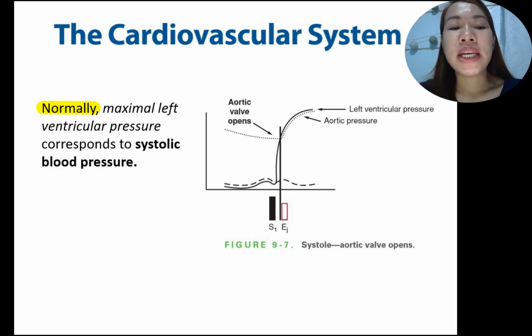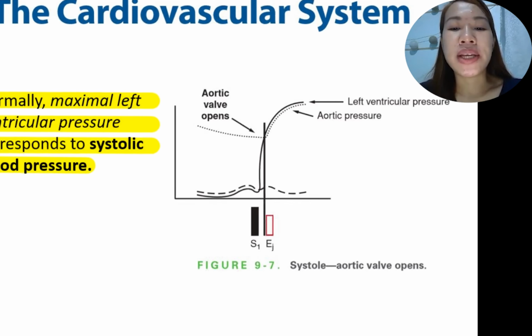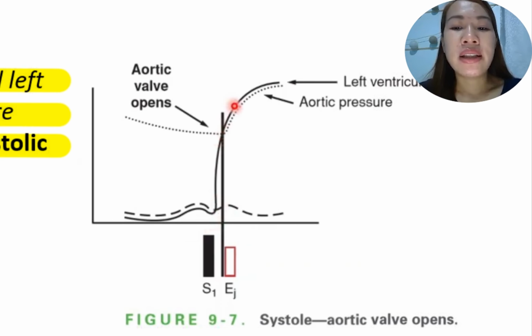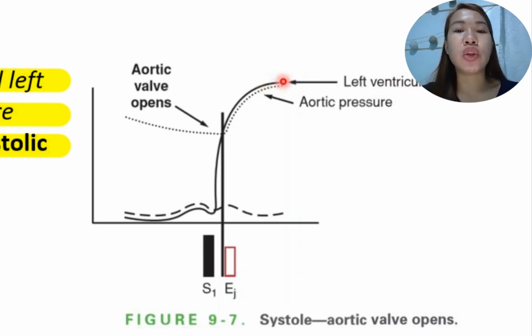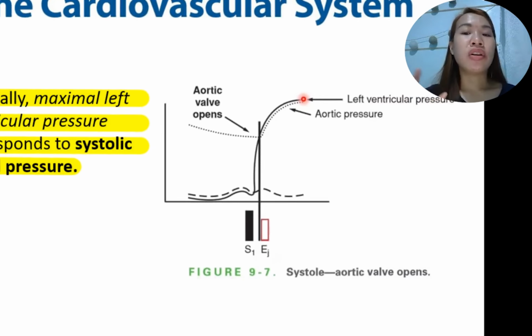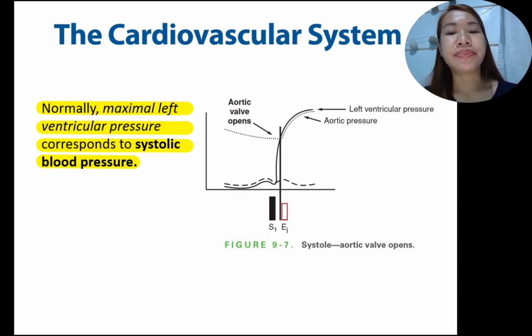Now, normally, the maximal left ventricular pressure corresponds to the systolic blood pressure. So we can see here, this is the left ventricular pressure, and during contraction at its peak or maximum point, this is where we detect the systolic blood pressure when we're trying to assess the blood pressure of a patient. So the contraction of the ventricle.